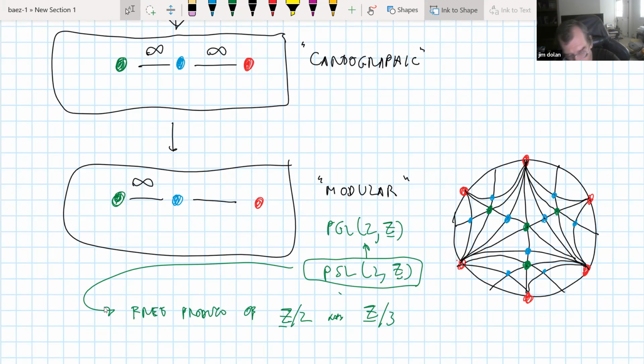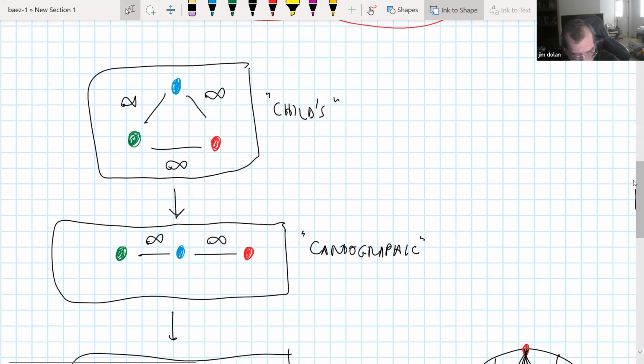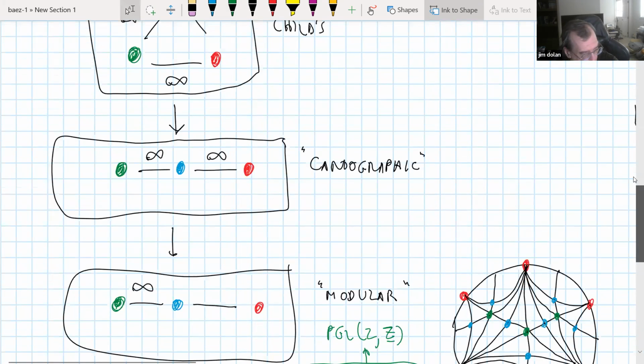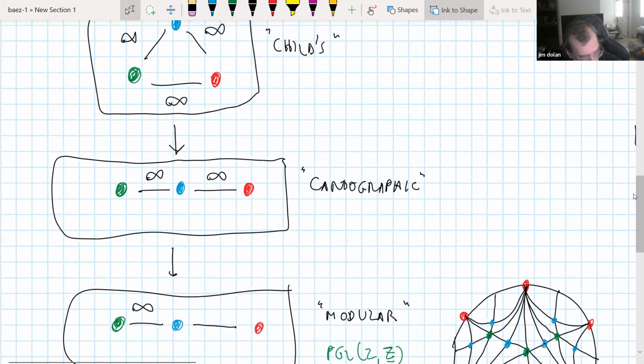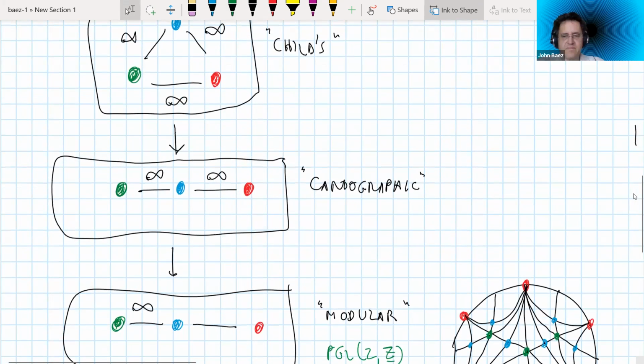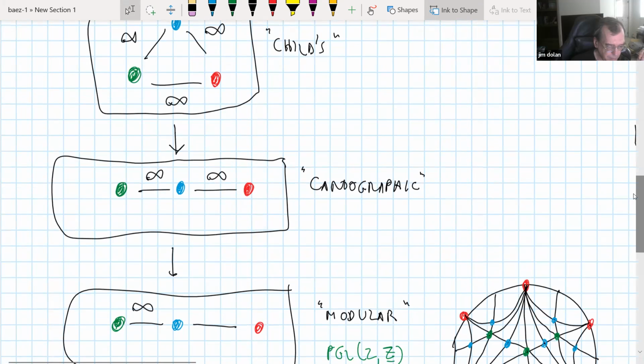So, okay. Let me make another big picture comment here about this composite homomorphism. There are a couple of famous theorems connected with child's drawings. There's a famous theorem called Belyi's theorem connected with child's drawings.